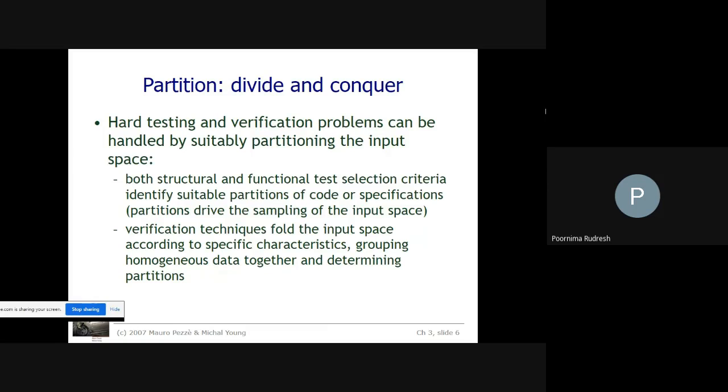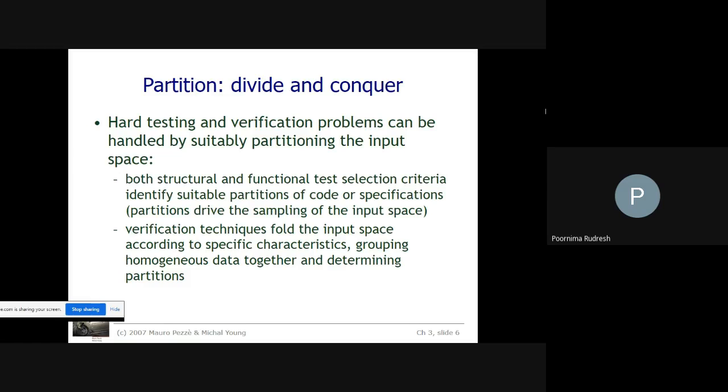And here, this partition method or the divide and conquer can be applied both at the process level or at the technique level. So, at the process level means we are dividing the complex activities into a set of simple activities, and each activity is solved independently, or each activity is handled independently.